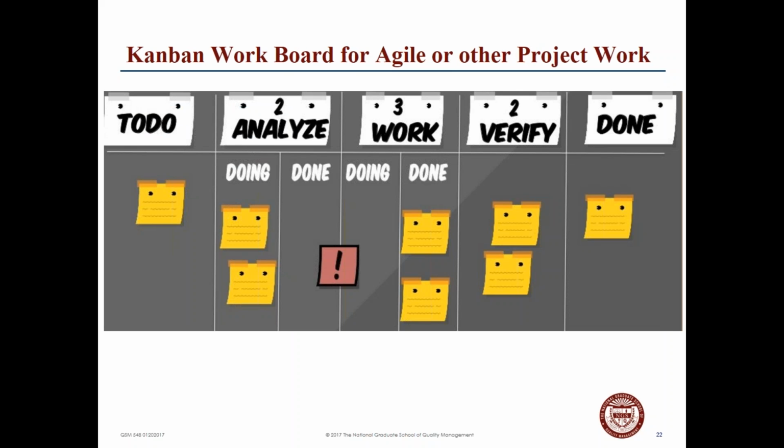Another aspect that you'll hear about in Six Sigma and Lean is a Kanban, and this is a workboard that can be used in an agile project or other ways.